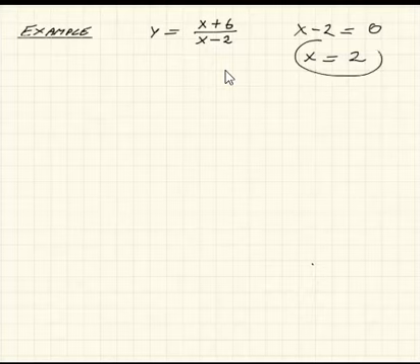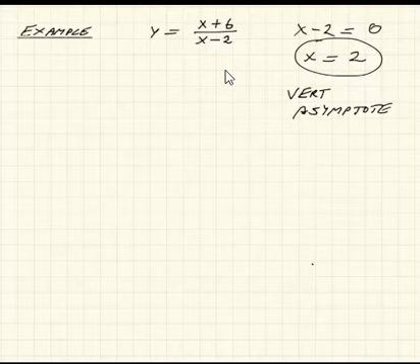And we call this the vertical asymptote. So there is a vertical asymptote at the value x equals 2, just like in the tan graph there was a vertical asymptote at x equals 90 degrees.